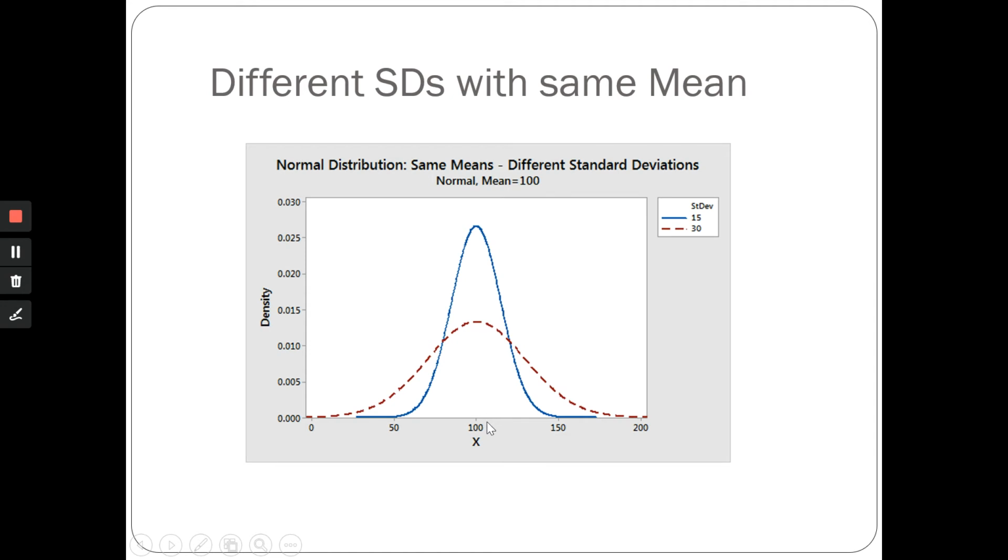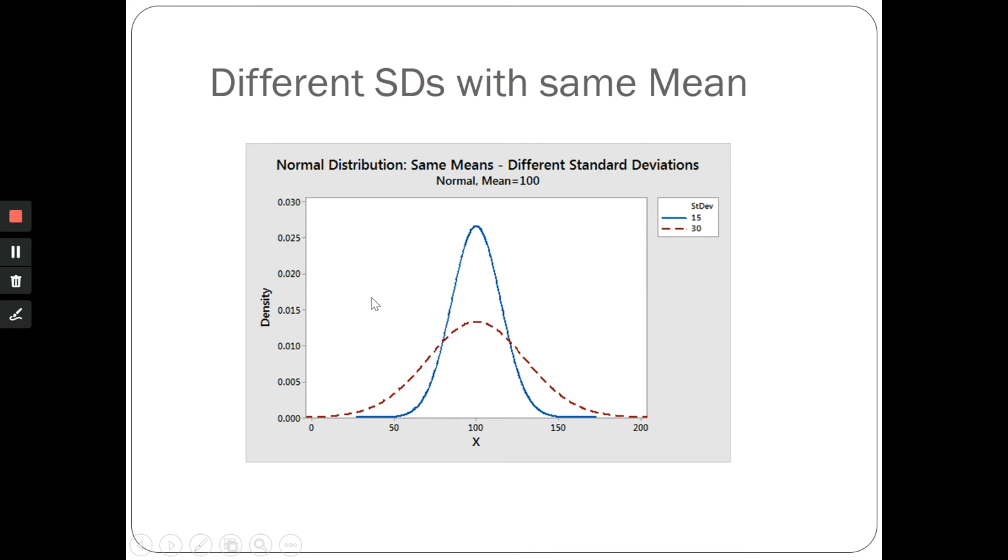This is actually not 100%, since usually you do not have stocks with such returns, but this is a variable with a mean of 100. So it's the same mean as the blue line. But the standard deviation for the variable represented by the red line is 30. In that case, you can see that the uncertainty area, or the range of the standard deviation, is increased. So it's much bigger.